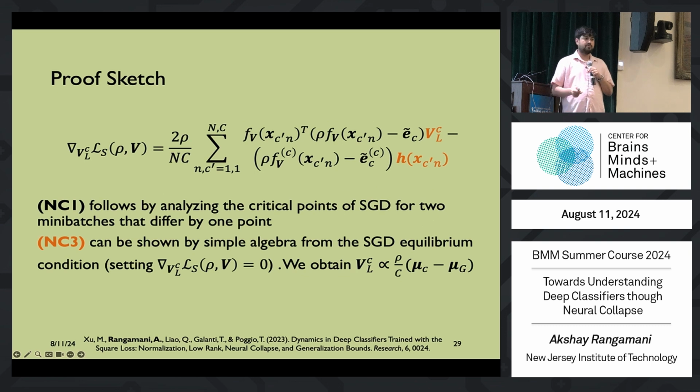You can show the duality between the features and the classifier weights by again considering the full batch gradient, since that also needs to be 0 at perfect convergence, and you get that these are proportional to the centered class means.